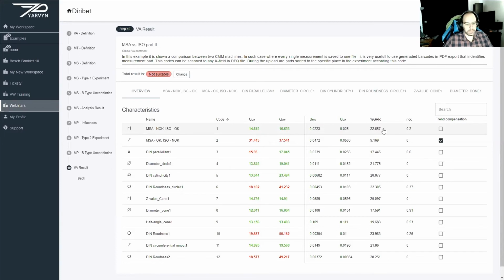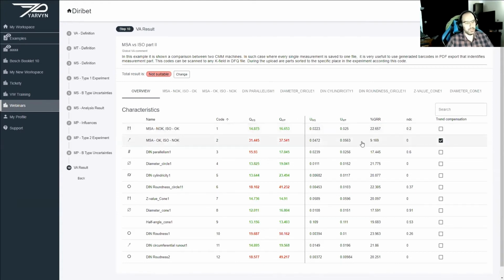The commonly used criterion for gauge R&R says that if it's more than 10 or sometimes 20%, the measurement system is conditionally capable and it should be reviewed. It cannot be used as it is. 22% is a little bit too much, so it should be reviewed.